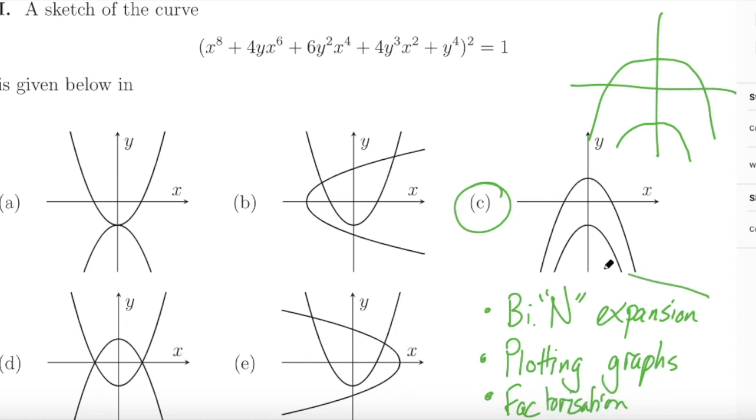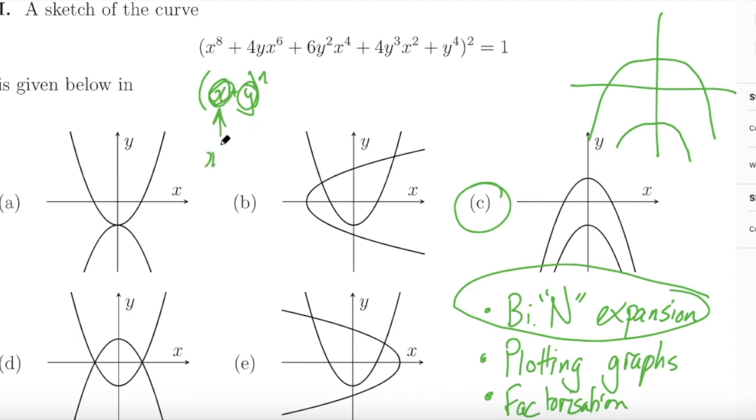But yeah, binomial expansion, that's the real key to this question. Recognizing this term and not being afraid to see x plus y to the n and stick in a different value for x or a different value for y there, because remember our value for x was actually x squared in this question.